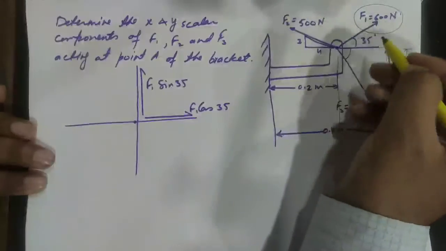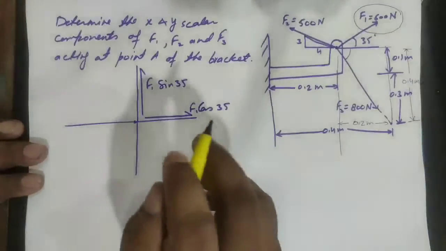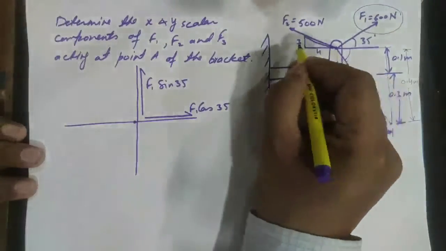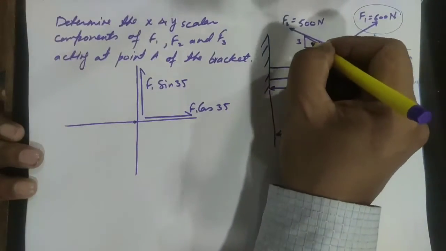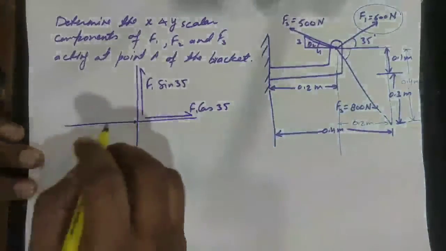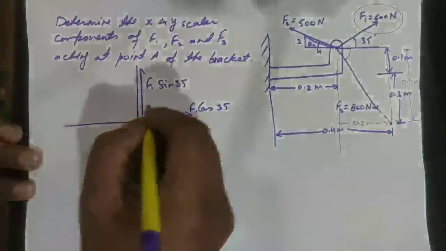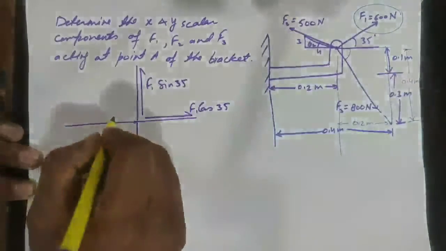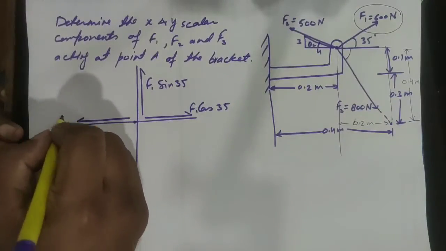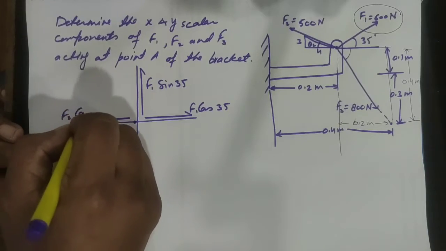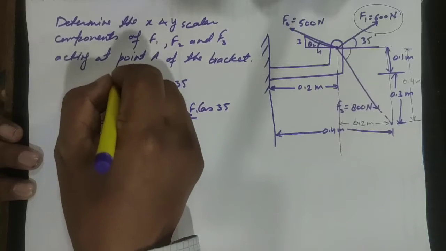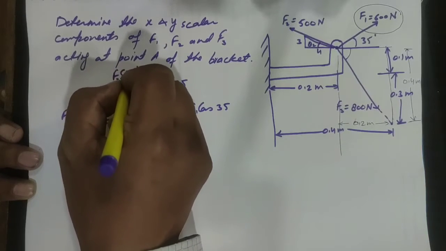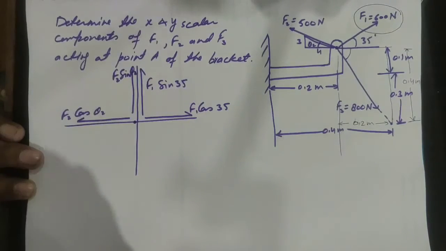The value of F1 is 600. And let this angle be theta 2, the angle given from the horizontal, so F2 cos theta 2 and F2 sin theta 2.